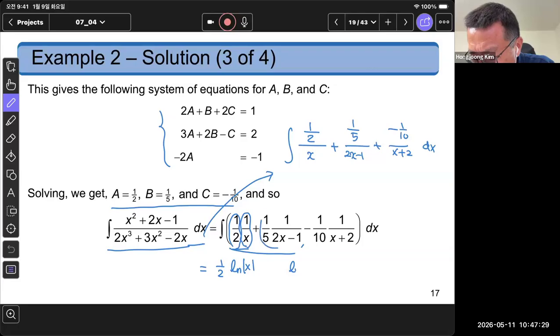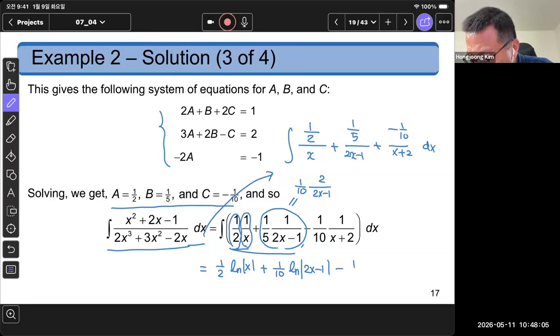So this one can be written as 1 over 10 times 2 over 2x minus 1. Then the 2 in the numerator is the derivative of 2x minus 1. So its antiderivative will be ln of the absolute value of 2x minus 1 multiplied by 1/10.